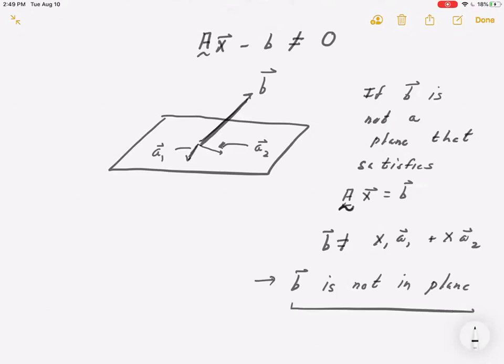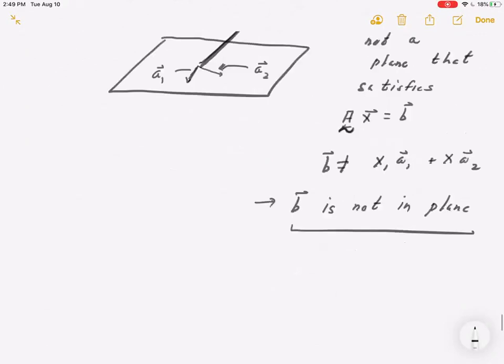So perhaps some lights should go off in the back of our head. We cannot solve, in this problem, this matrix equation.